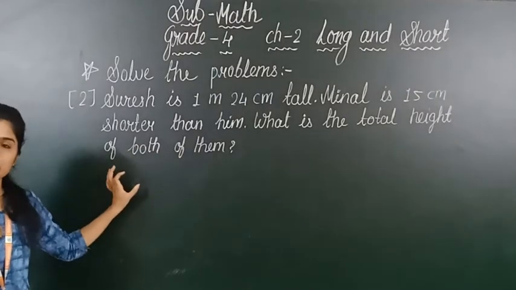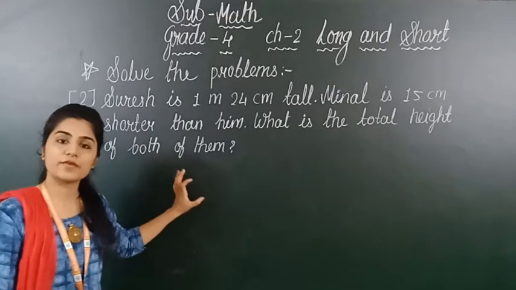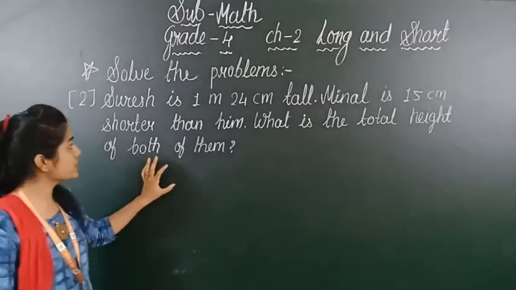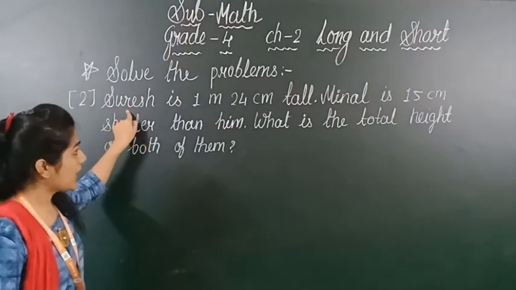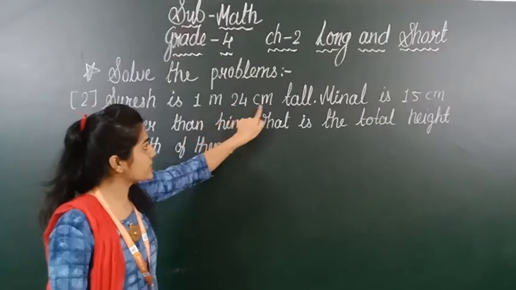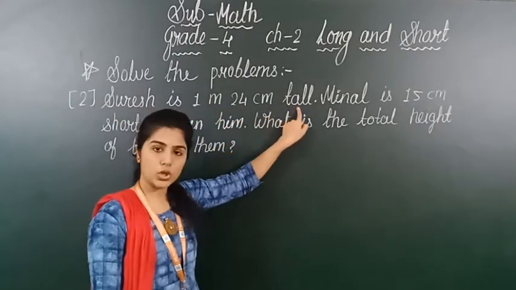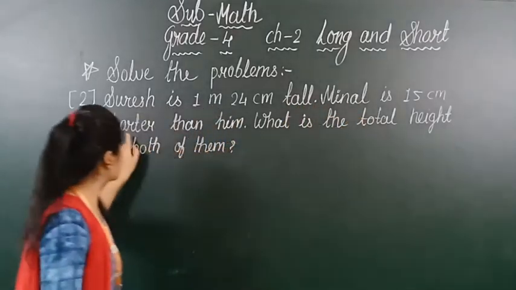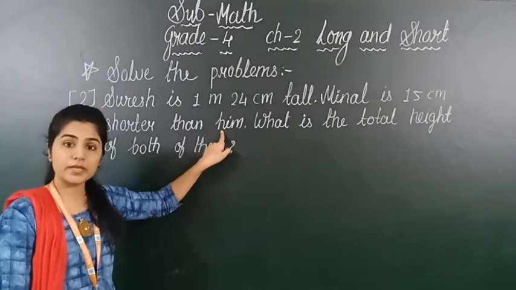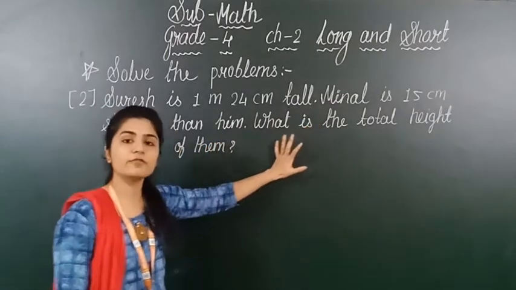This sum is a little bit different for you because in this sum we have to find two methods, right? Two sums we have to write. So first we have to find height of Meenal, right? Suresh is 1 meter and 24 centimeter tall है and Meenal is 15 centimeter shorter than him. That means हमारे पास Meenal की perfect height नहीं है, right? So first we have to find the height of Meenal.